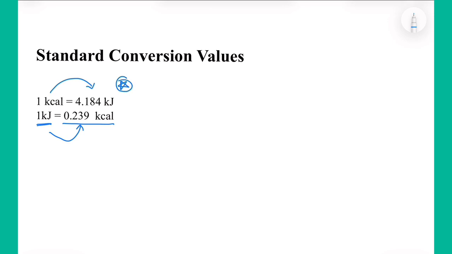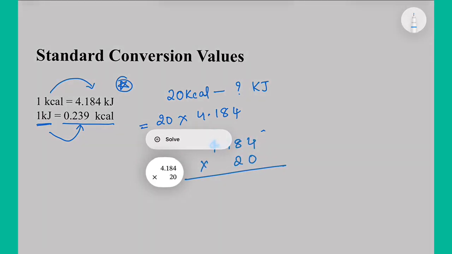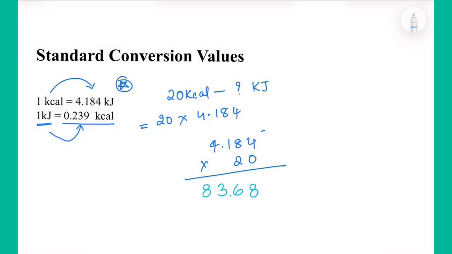Imagine you have 20 kcal. Now you need to convert into kJ. What you need to do is 20 into 4.184. I'll just show the multiplication part. So it is 83.68.